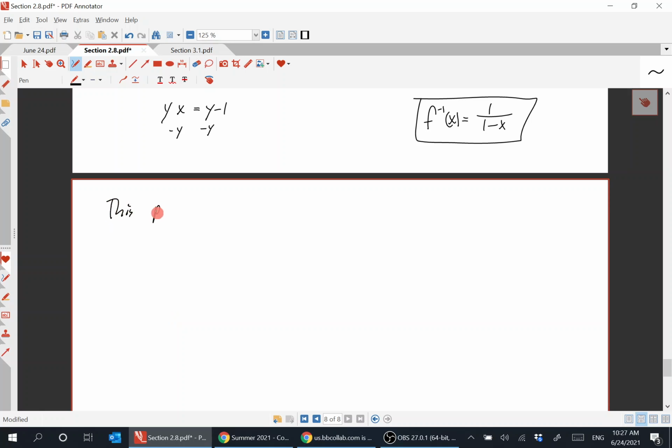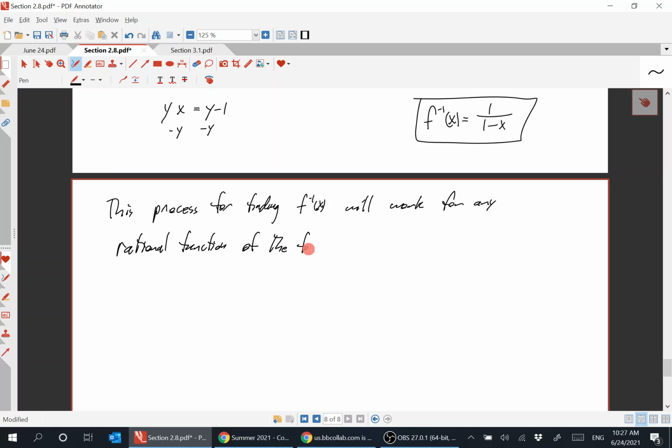So this process for finding f inverse of x will work for any function of the form f of x is equal to (ax plus b) over (cx plus d).